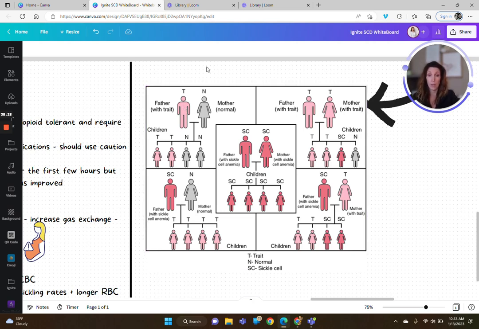The issue lies here whenever this person who has the trait reproduces with somebody who also has the trait. Now two of these people are asymptomatic and may not even know they carry the trait.